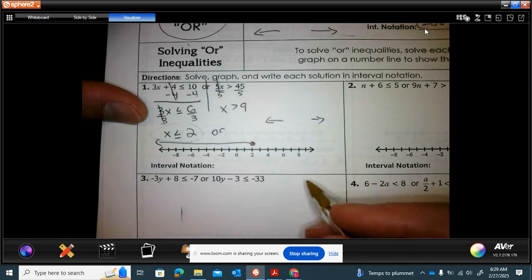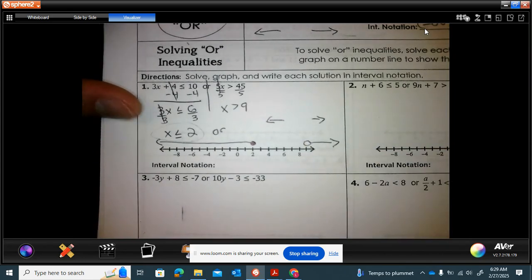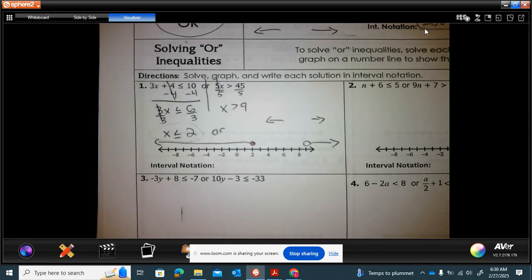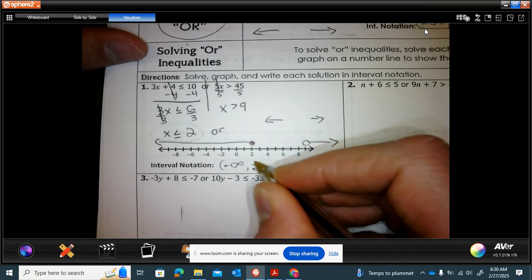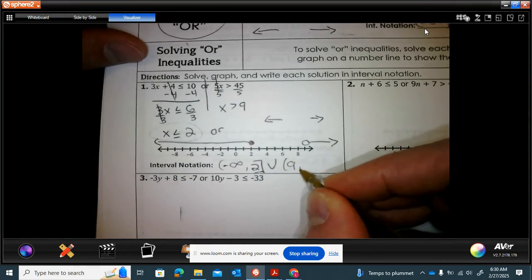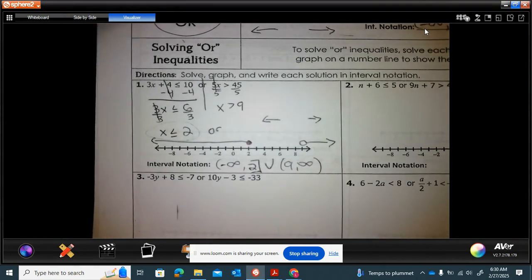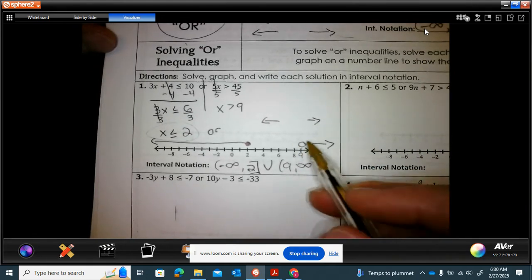Then x is greater than 9, so I find 9, open circle, goes that way. That's my answer. And then if I wanted to do the interval notation, it'd be -infinity to positive 2. Positive 2 gets a bracket, union, 9 to infinity. Both with parentheses because 9 has an open circle, and it goes toward infinity.